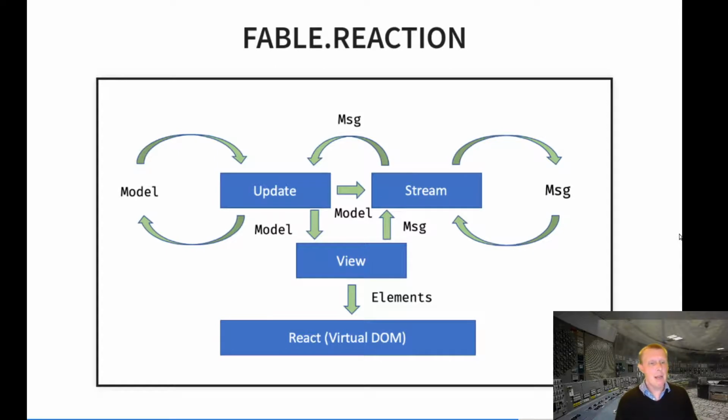And the reason I talk about this is that this makes certain things a lot easier than in the traditional MVU. Things like autocomplete, drag and drop, WebSocket handling, calling APIs in general becomes much cleaner in this approach. So it's a very nice way of doing things.